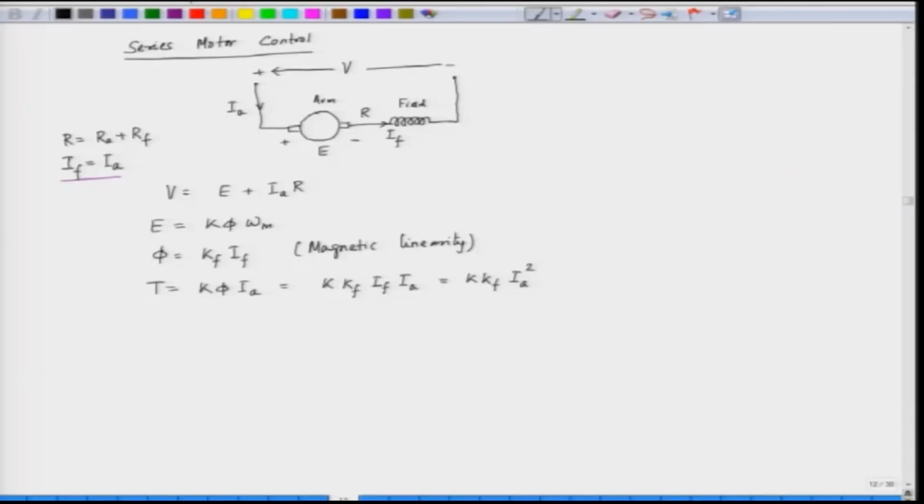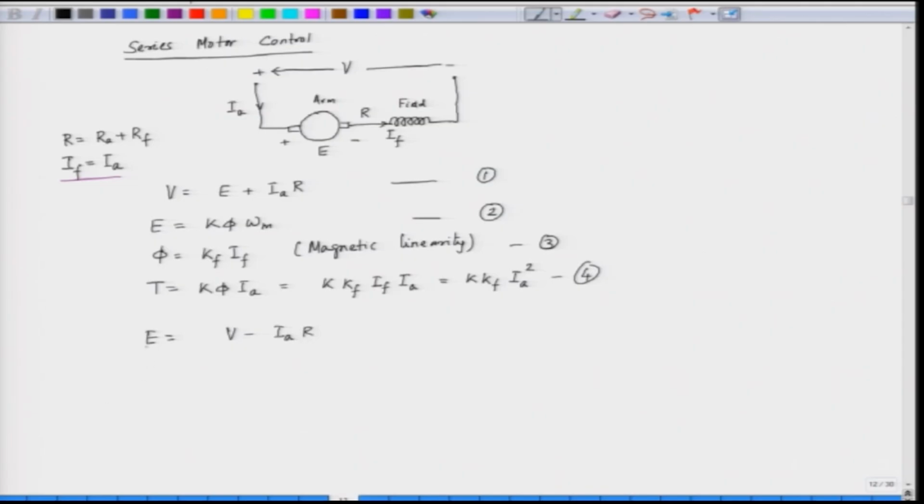Now, let us find out the speed as a function of torque. From these equations, let us say this is equation number 1, this is equation number 2, this we will say equation 3 and equation 4 here. Now, from equation 1, we can say that E is equal to V minus Ia into R. What is E here?